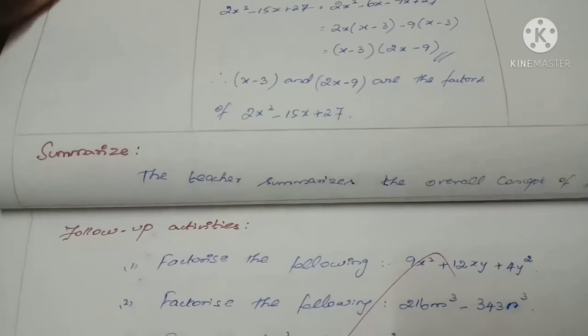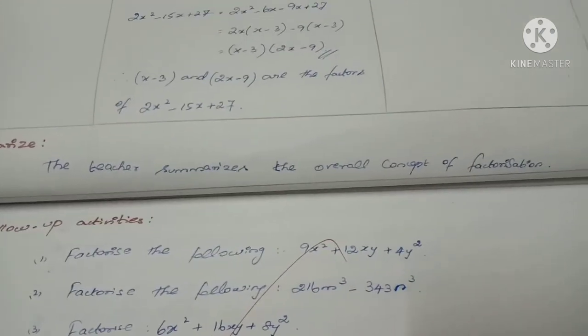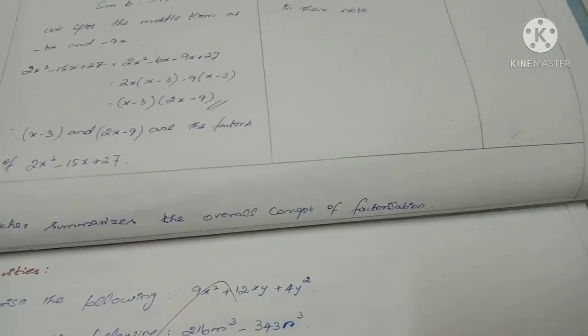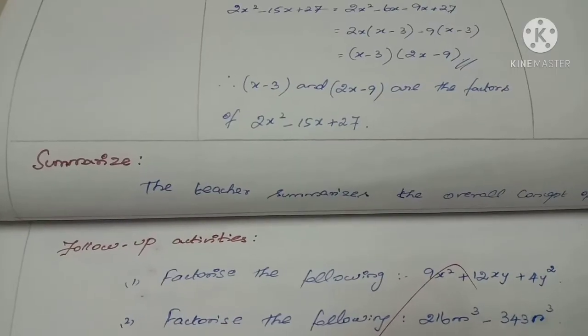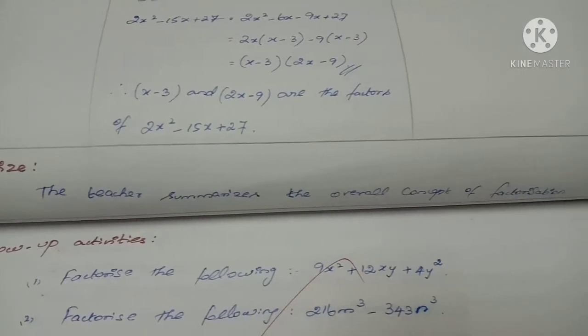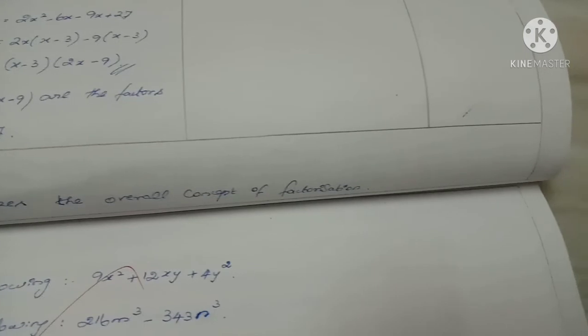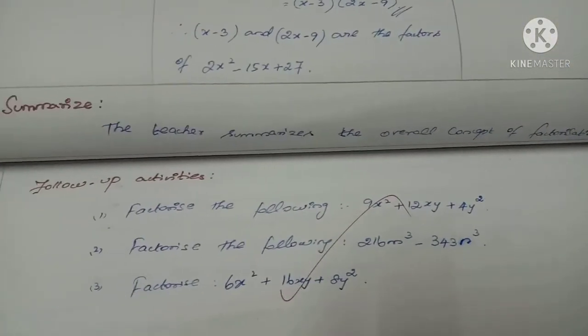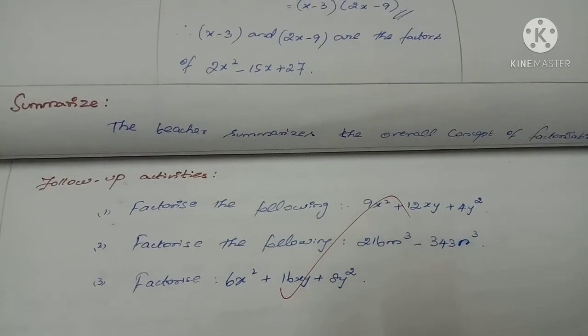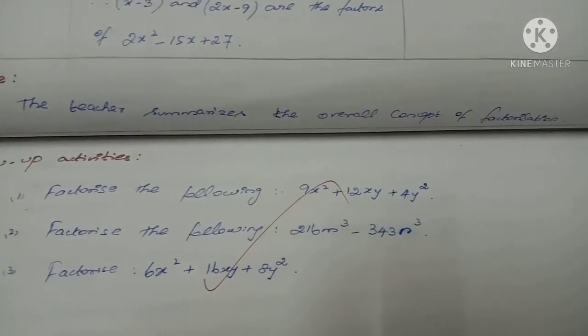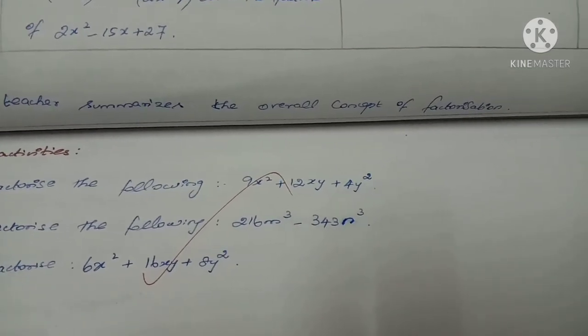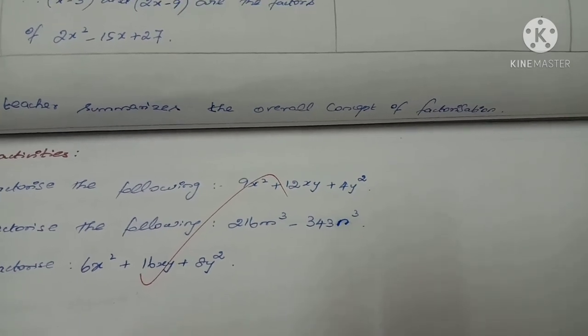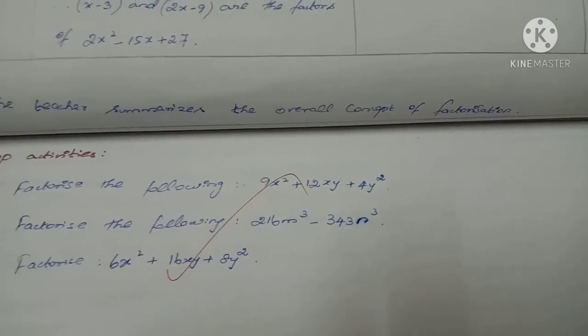Next one is summarize. The teacher summarizes the overall concept of factorization. Next one is follow-up activities. Factorize the following: 9x square plus 12xy plus 4y square.